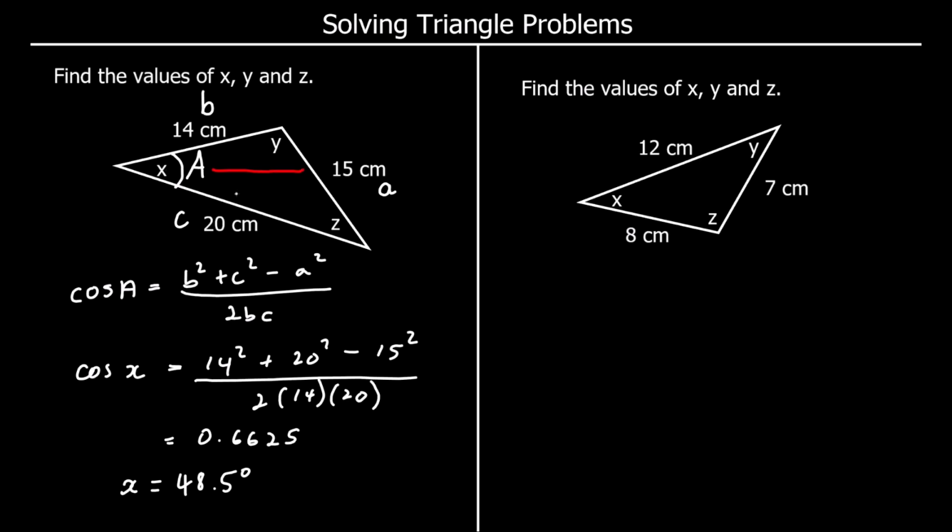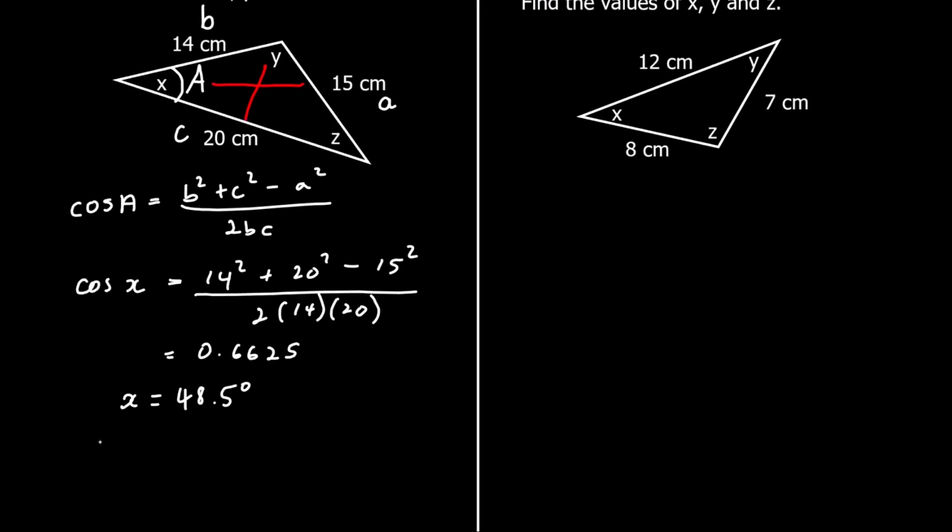So A, our 48.5 is opposite 15. Y is opposite 20. So with the sine rule, sine y over 20 equals sine 48.5 over 15.